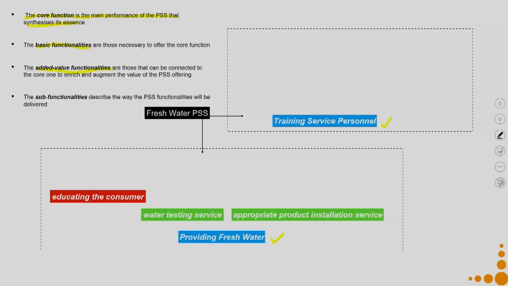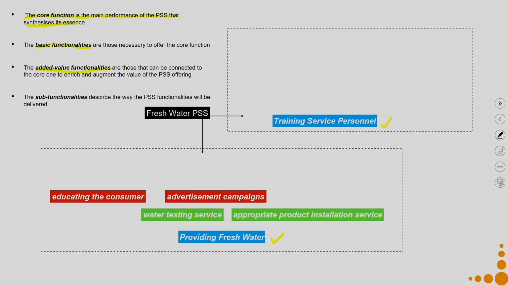But if you have a population of educated consumers who are consuming your product with knowledge and know why they are consuming it, how they are consuming it, education can convince them for their consumption pattern and the fact that they are behaving in a responsible manner, that they are saving their money, they are doing something good for the earth and so on. So, that becomes an added value functionality. By educating the consumer, you are further augmenting your core functionality, which was providing fresh water.